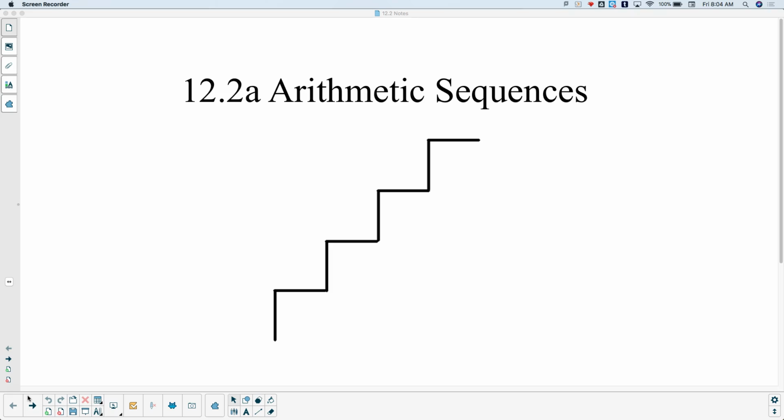Then Tuesday we'll have a formative. And Wednesday we will talk about real-world problems, word problems, real-world examples of using sequences and series, in arithmetic form. And then we'll quiz on the 7th.